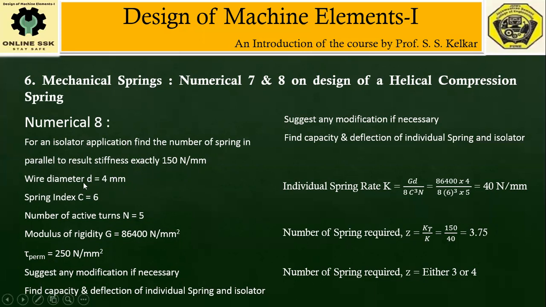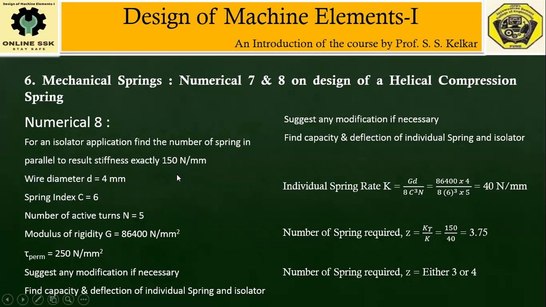Here they have specified springs in parallel combination. Suppose Z number of springs are in parallel combination, then Z times K will indicate total or effective stiffness of Z number of springs. Individual spring is having stiffness K. Identical springs are there. Therefore, Zk will indicate total stiffness.